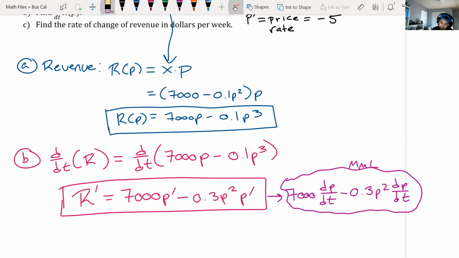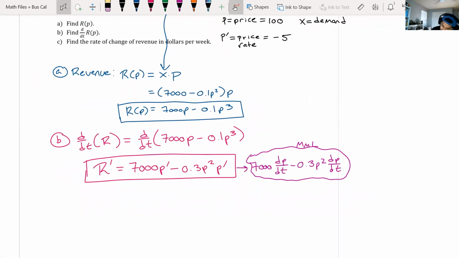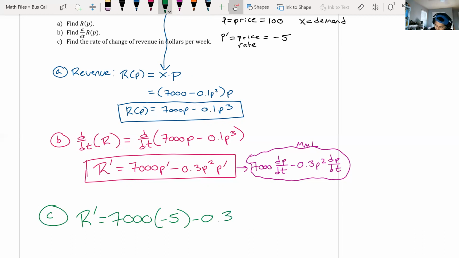Okay, and now all we have to do is plug in p and p prime. So R prime is equal to 7,000 times p prime, which is -5, minus 0.3 times 100 squared times p prime, which is -5.